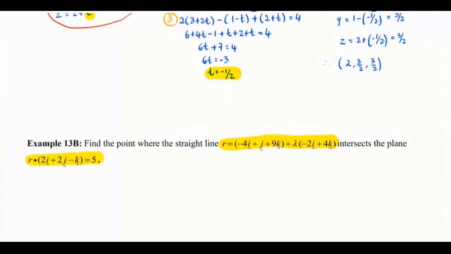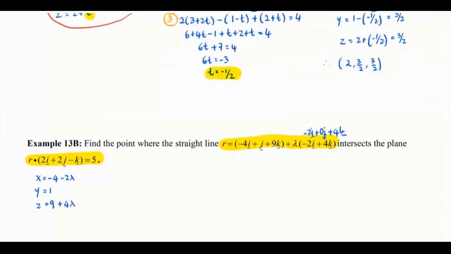Okay, so for the parametric equation of line, we can have x equal to -4 minus 2 lambda. For y we have y equal to 1, because here there is no j. So directly y equal to 1. Okay, and then the z will be 9 plus 4 lambda. Okay, in another word here will be -2i plus 0j plus 4k.